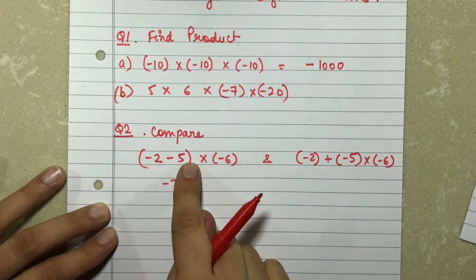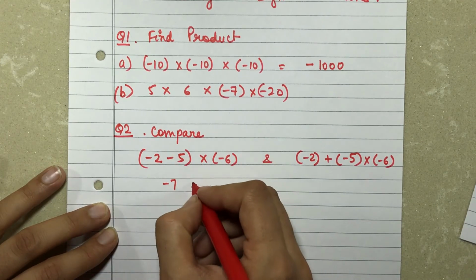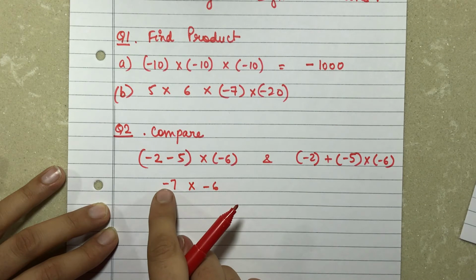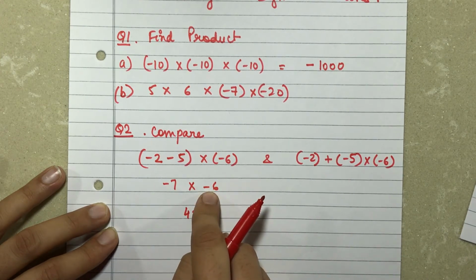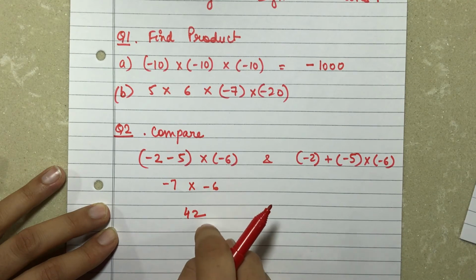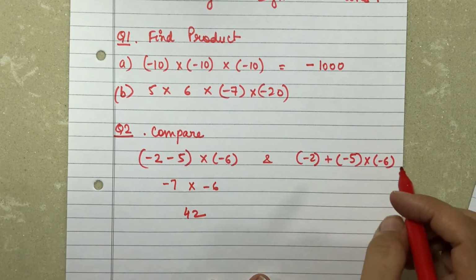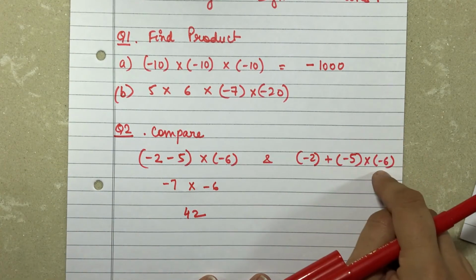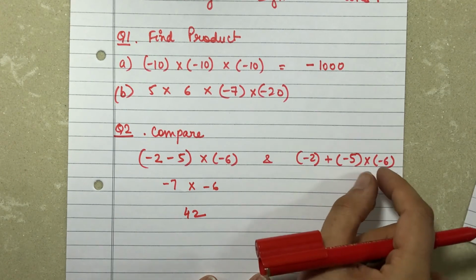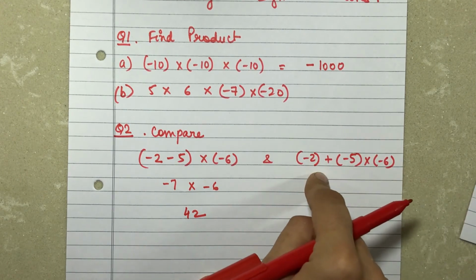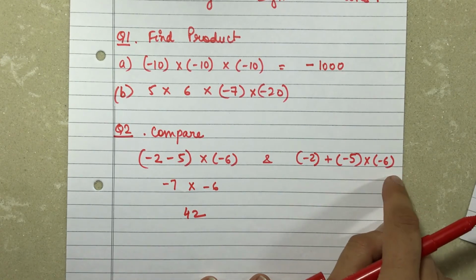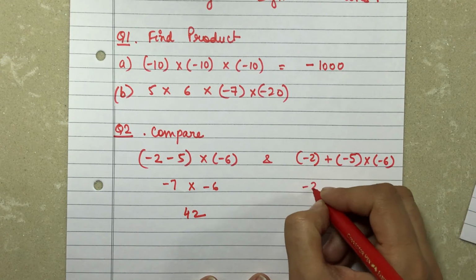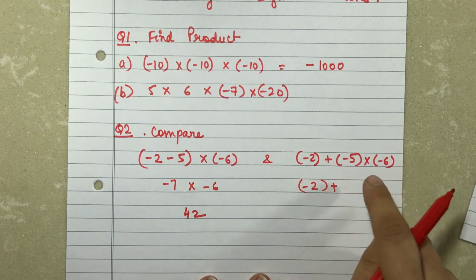So minus 2 minus 5 gives me a minus 7 into minus 6. 7 sixes are 42. Since both of them are negative, my answer will be positive. Now let's solve this side. This side has a multiplication and an addition. But what am I going to do first? I'm going to multiply first according to BODMAS.